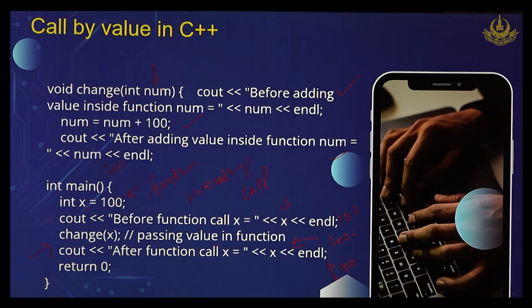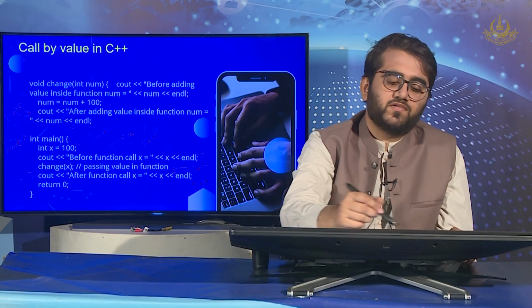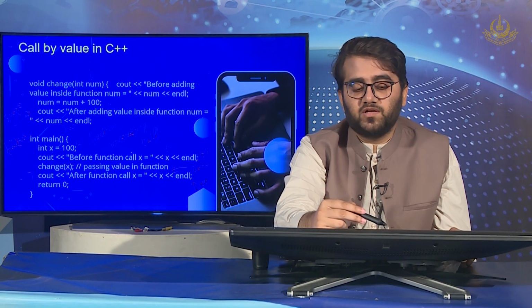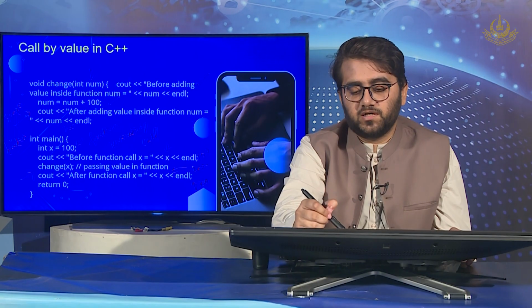Because we are just passing the value of x into num, the change would only be reflected in the scope of the function. Here only the value is changing, and after the function call, the change has not impacted the actual value of x. So, 100 would be printed again.